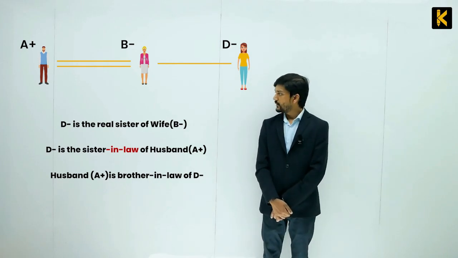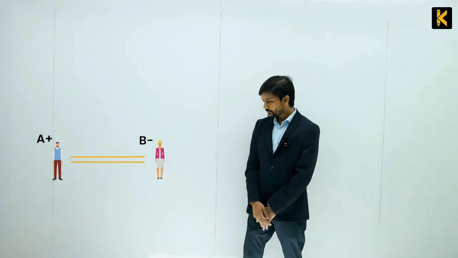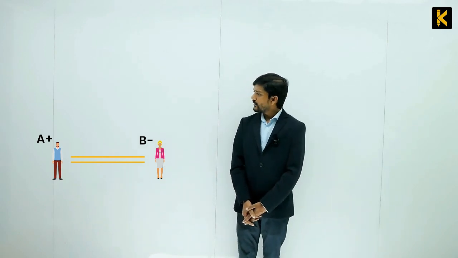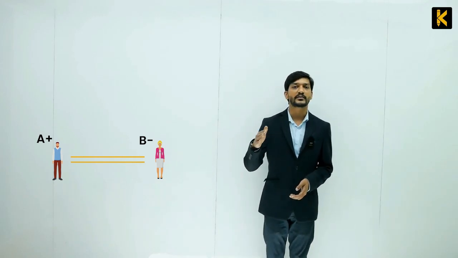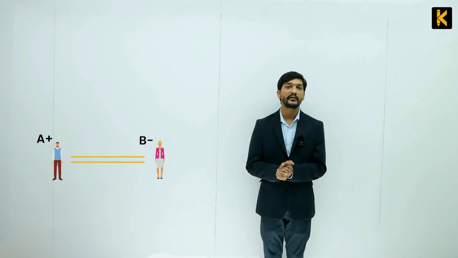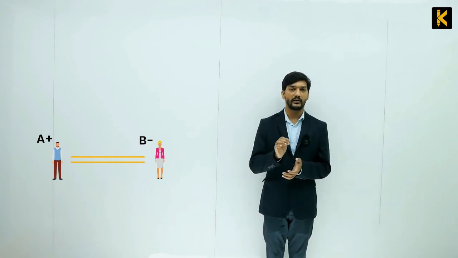Okay? Alright. So, for mother-in-law and father-in-law, I need to take two persons. So suppose previously I was taking real sister, real brother. Now I will be taking real father and real mother. Okay, real.